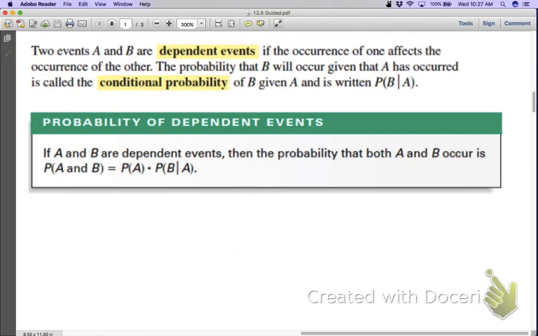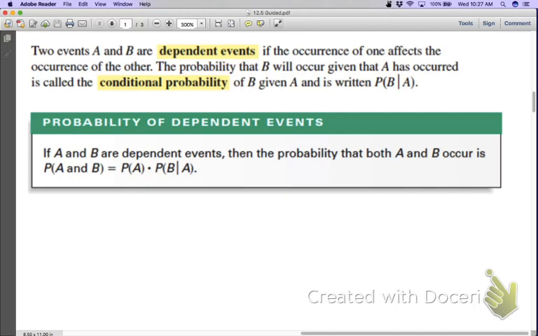Then whenever you have dependent events, it's basically that one thing's going to affect another. Okay? So it says the probability that B will occur given that A has already happened is what's called conditional probability. It's going to have B and then it's not division, but it's going to have a bar and then A, whatever my first event is. So I'm going to take those values and still multiply them.